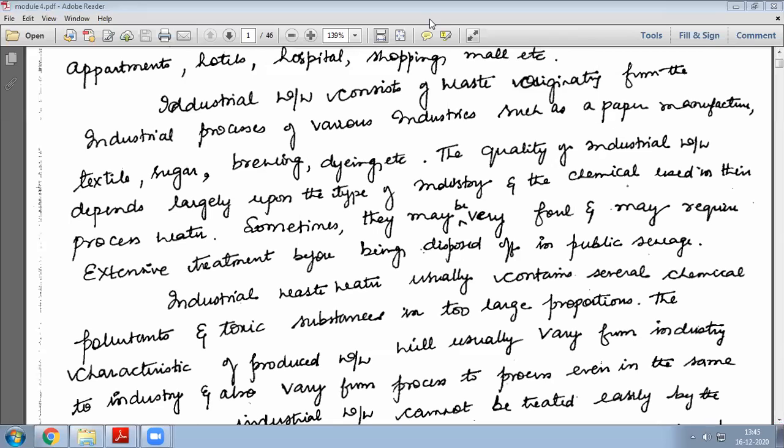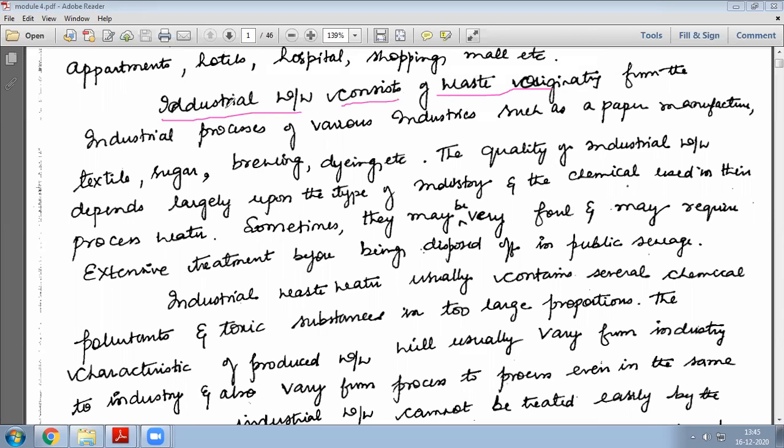They are responsible for polluting the rivers, because the methodology that we have to adopt to treat this industrial waste is different, and sometimes it is costly also. That is why many industries will not do it, because it will add some additional cost. That is why we are seeing a lot of lakes polluted.